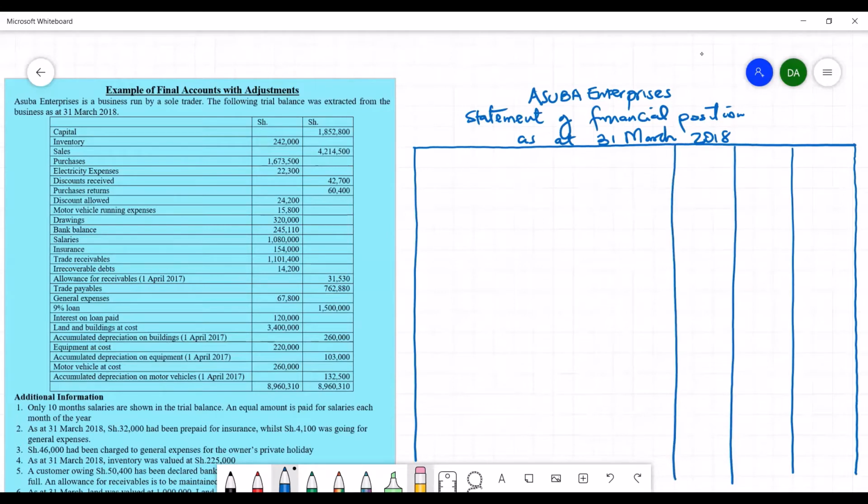Right, so we start with the non-current assets, but on top here we have amount in shillings. The non-current assets are accounted for in terms of the cost of the asset, accumulated depreciation of the asset, and then we have the net book value of the asset.